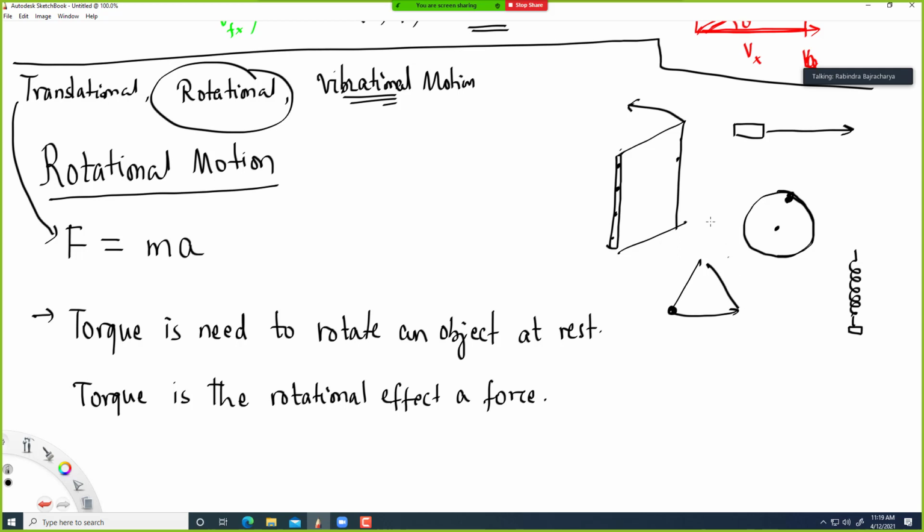So if you apply some force to open the door and the force produces the rotation, then that rotational effect is called torque. Okay. So if I apply some force on some object and that force rotates the object, so that force is said to produce the torque or rotational effect. So rotational effect depends on three things.